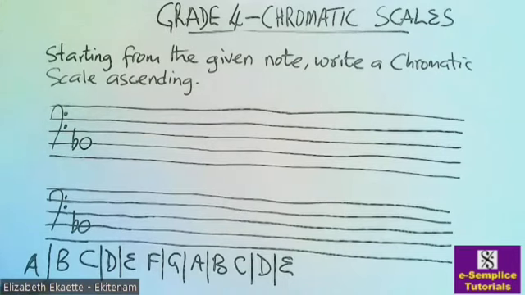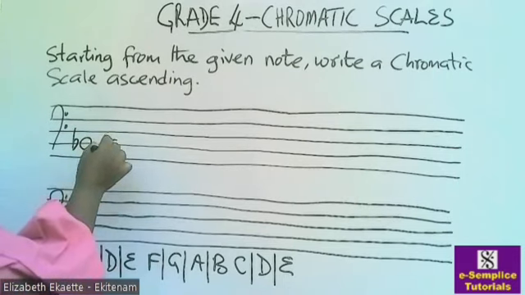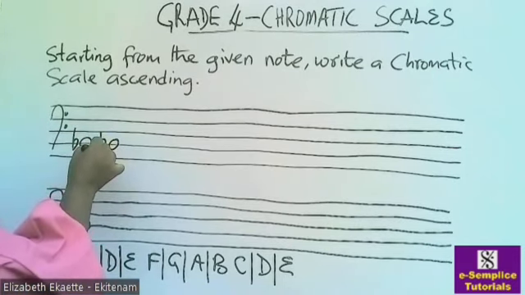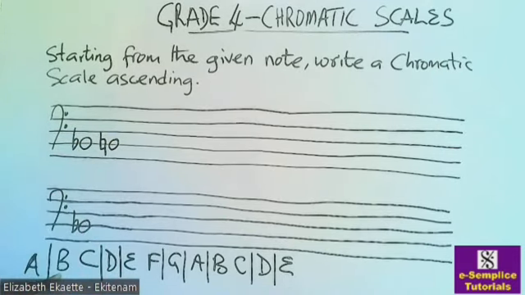Just follow me. We are starting on B flat. B flat is already on the scale. So after B flat, what we have will be a B. You know, the distance between B flat and B is a semitone. So we will have a B, and for that B, you will have to put a natural sign.